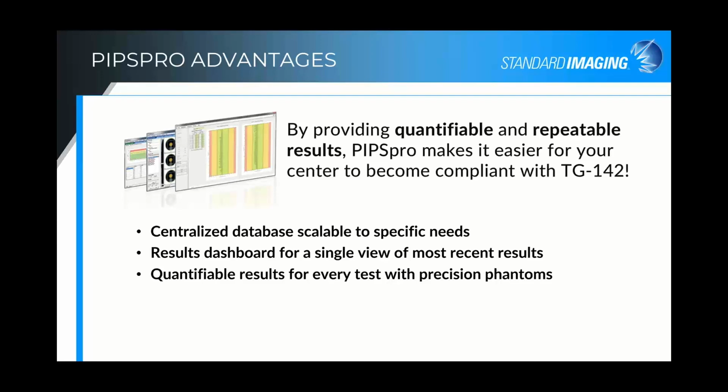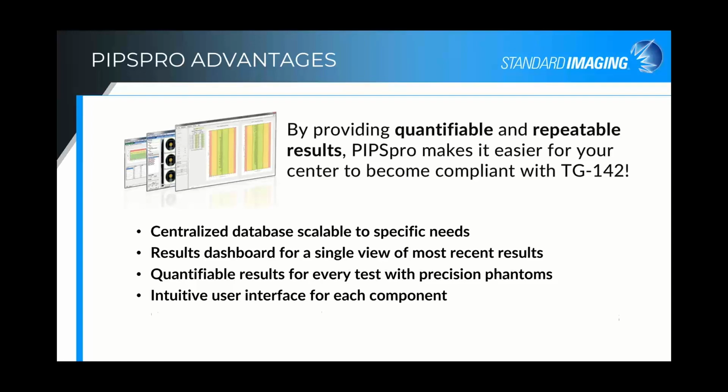Again, everything is quantifiable, and all our precision phantoms are built specifically for PIPSpro. Very intuitive user interface for each component. You saw me very quickly navigate a few of the tests, and you can see how easy and quick that is. Everything's right at your fingertips, as well as the automated calculations for those results.